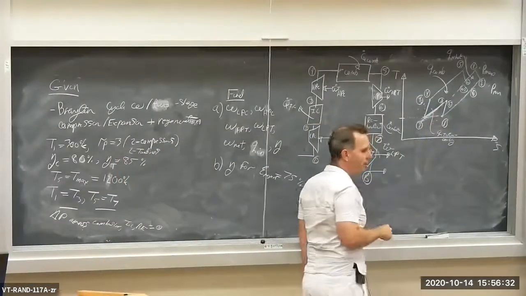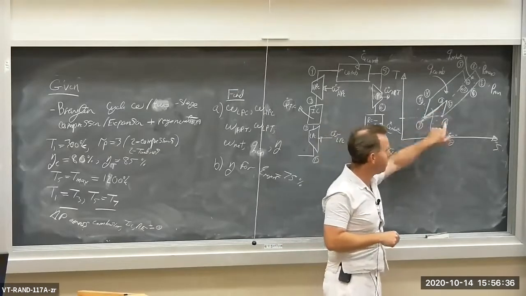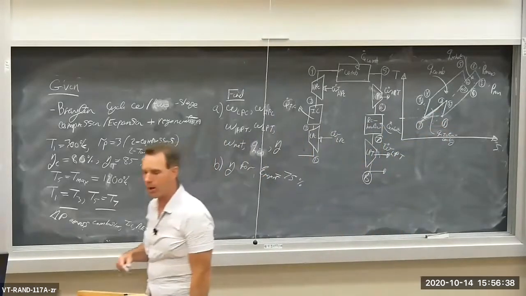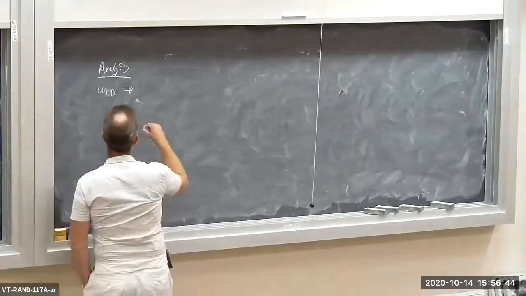So when I apply the energy balance, I can't get the difference between H2 and H1, which would give me the specific work. So we're going to have to use the definition of isentropic efficiency to get W_LPC.